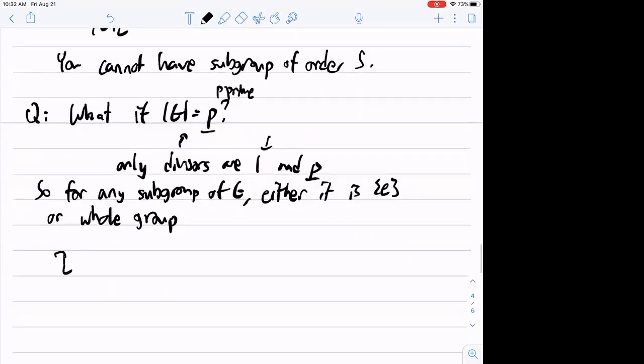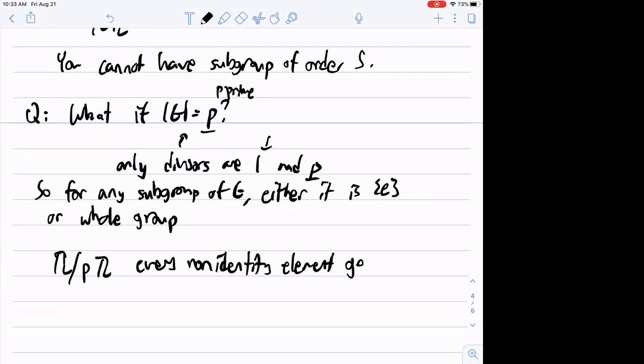For Z mod P, every non-identity element generates the whole group.